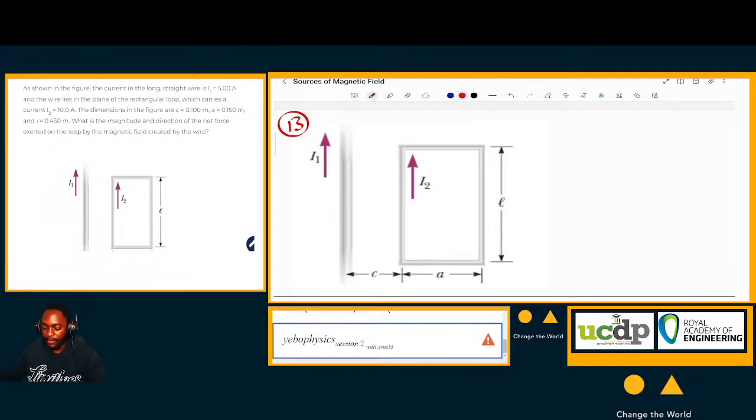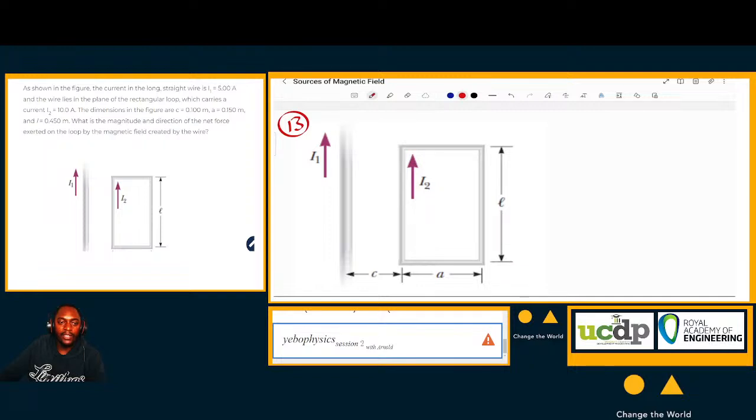Question 13. So question 13 reads, as shown in the figure, the current in the long straight wire is 5 amps.